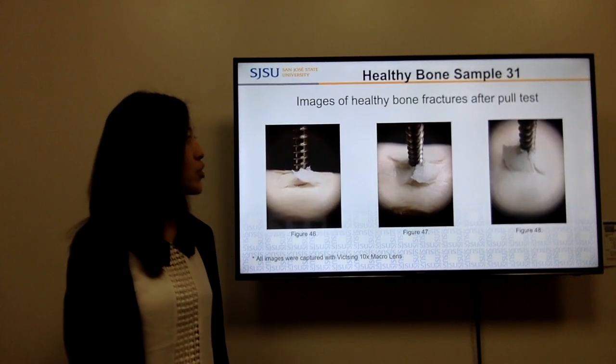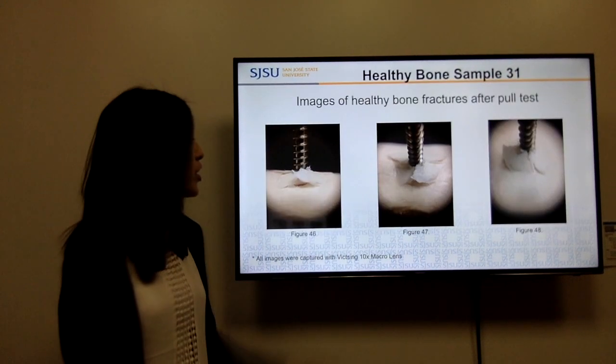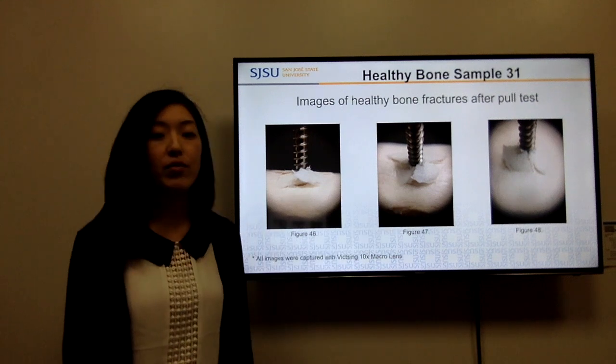Here the images show the healthy bone fractures near the implant site of the screw.